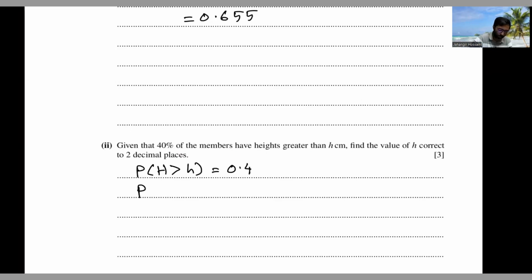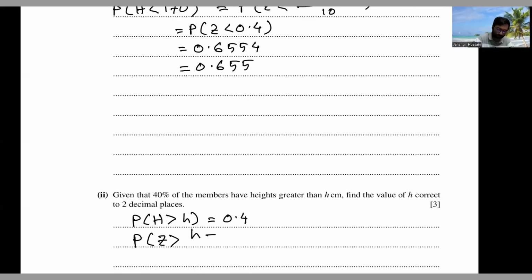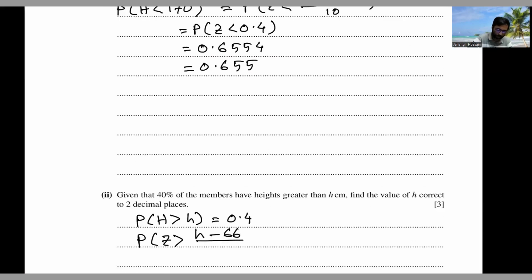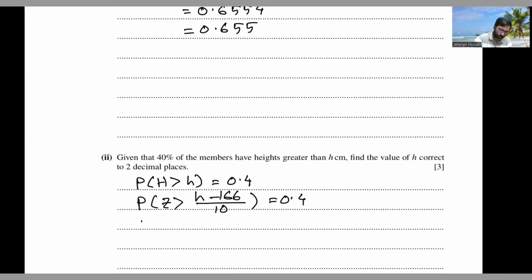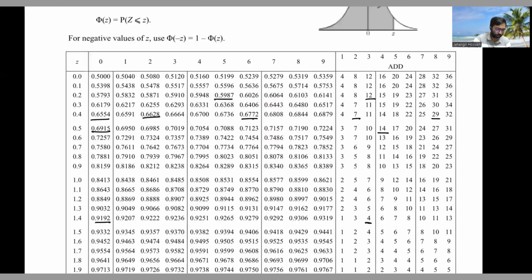So first convert it into Z. a minus mean 166, over standard deviation 10, is greater than Z, and that probability is 0.4. So less than this is 0.6. Now, 0.6 is the probability. You have to find the corresponding value of Z.